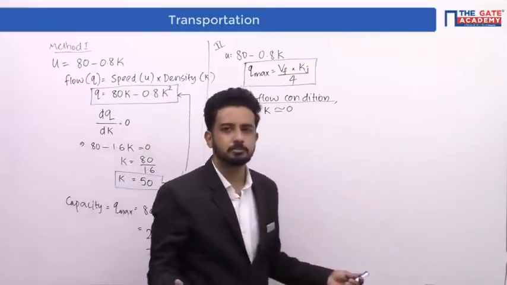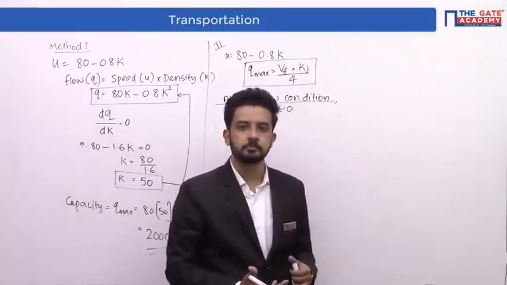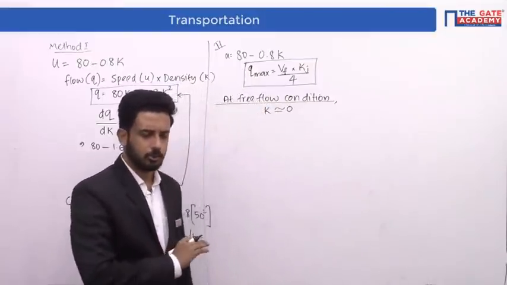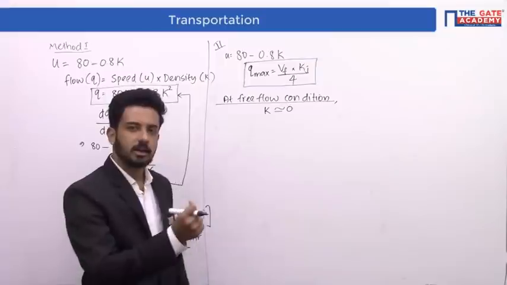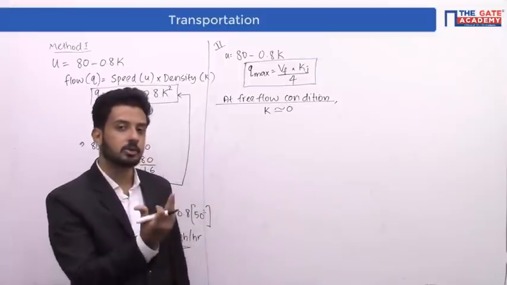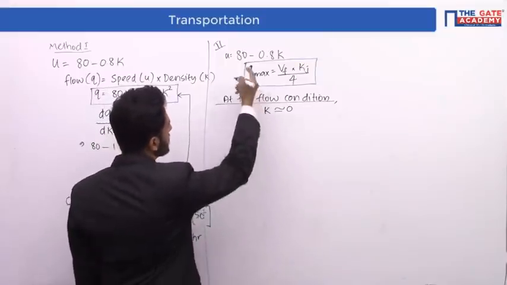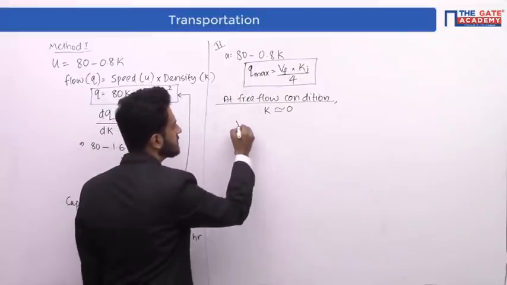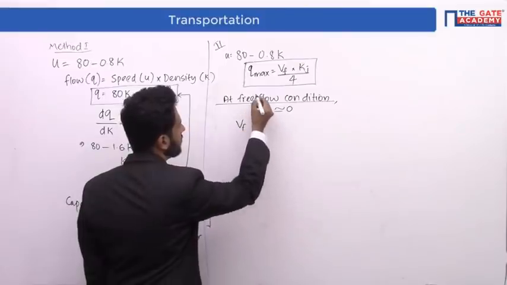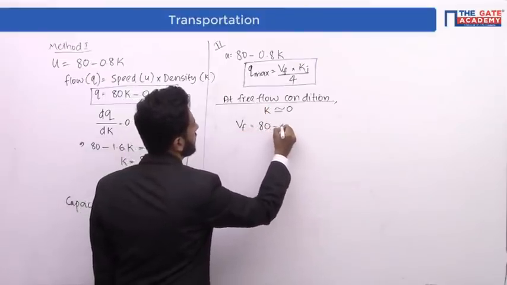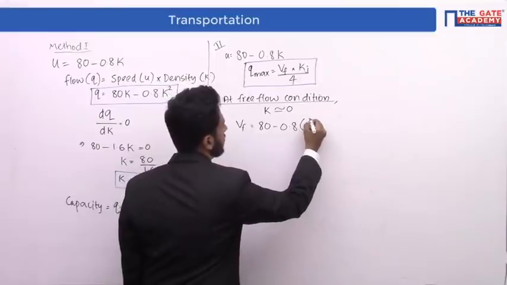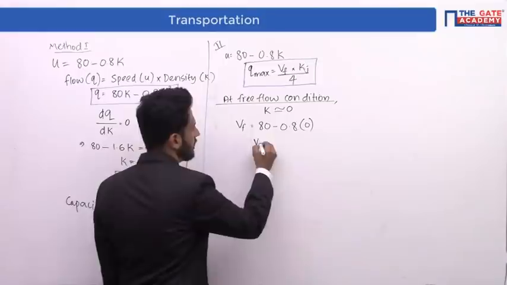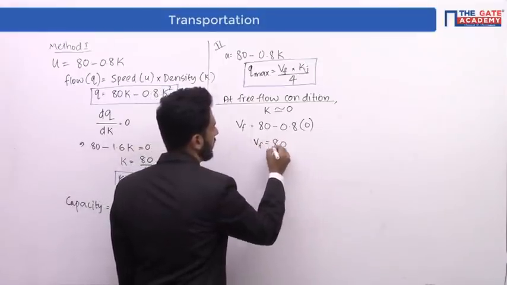There are no vehicles present, only we are moving. If no vehicles are there, at what speed can a vehicle go? So using that equation, u is speed, I can represent Vf equal to 80 minus 0.8 into 0. So what you will get? Vf is equal to 80.